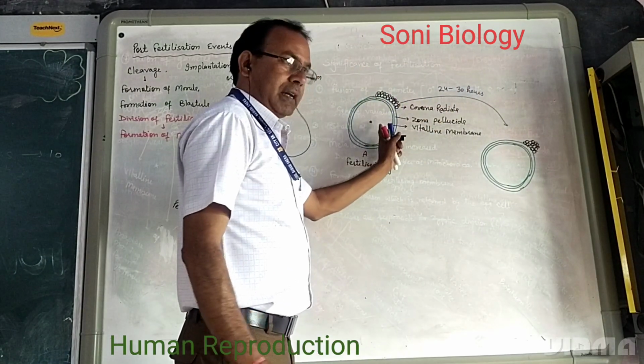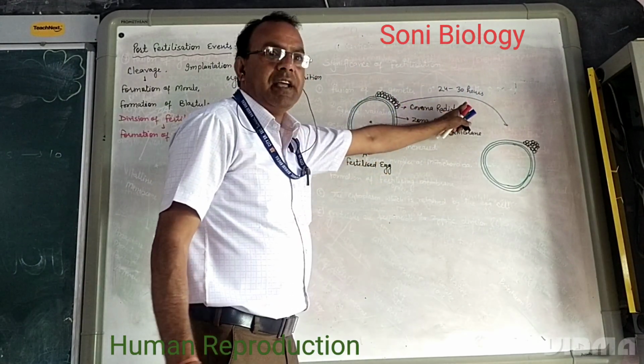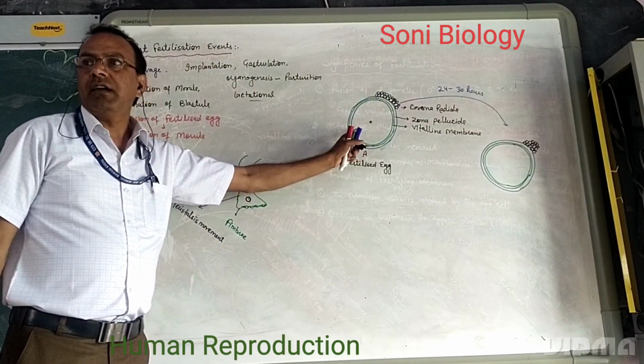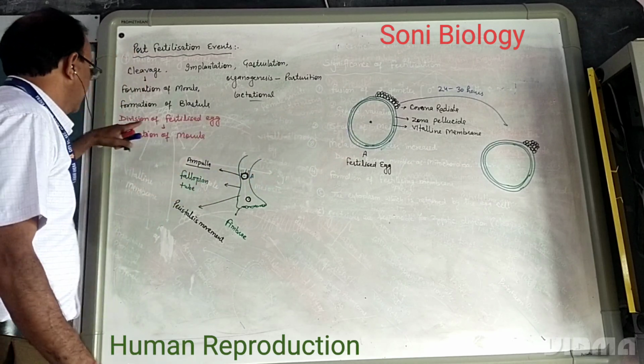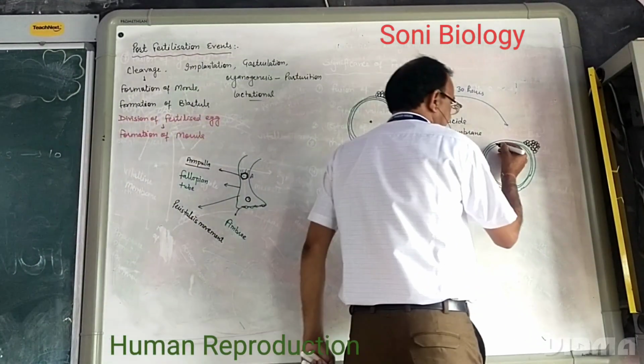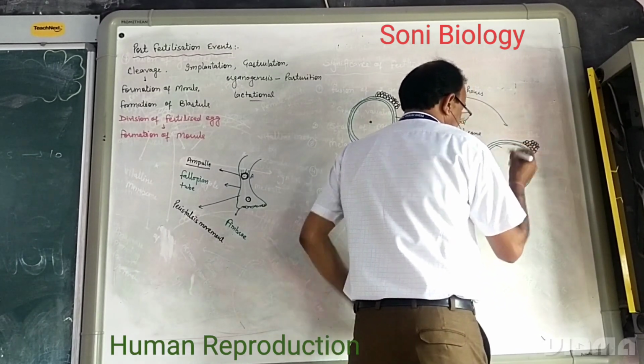After fertilization, 24 to 30 hours later, division can be seen in this fertilized egg, and division of cell is known as cleavage. First division can take place from this one line.